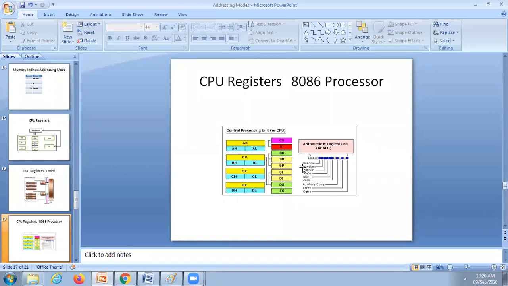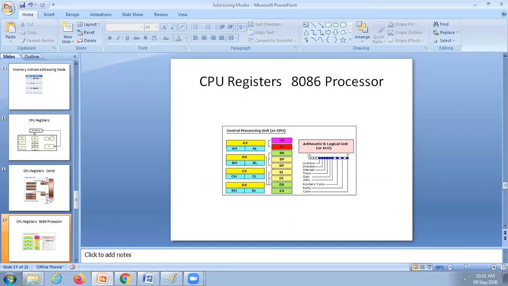These 6 registers are mostly common in all processors. And temporary registers: in some processors they are simply written as R0 to Rn, in some they may be named A, B, C, D. That depends upon the design or nomenclature.